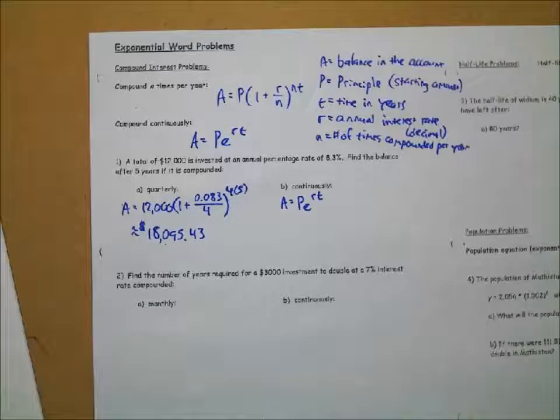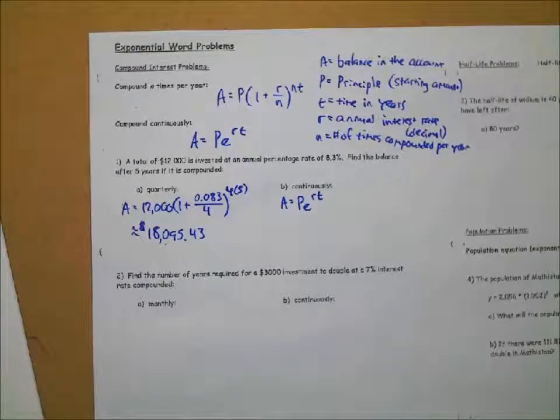So maybe it's not so obvious, right? In the first case, we're applying the interest rate 4 times, each time a fourth of the interest rate. For the continuously one, we're applying it an infinite number of times, but it's 1/infinitieth of the interest rate, if that makes any sense. But let's see what happens here.